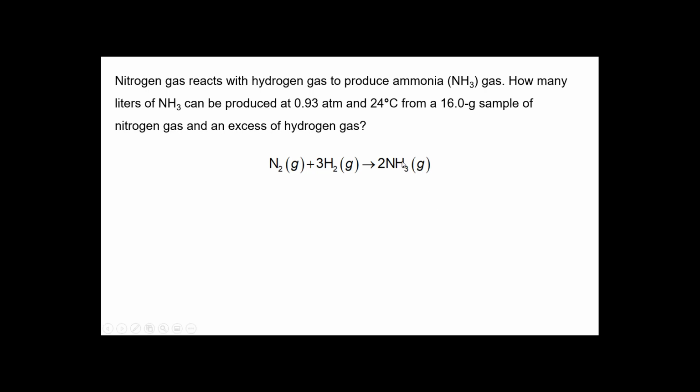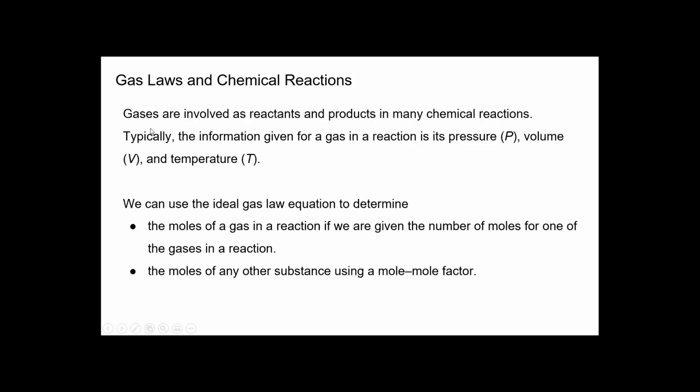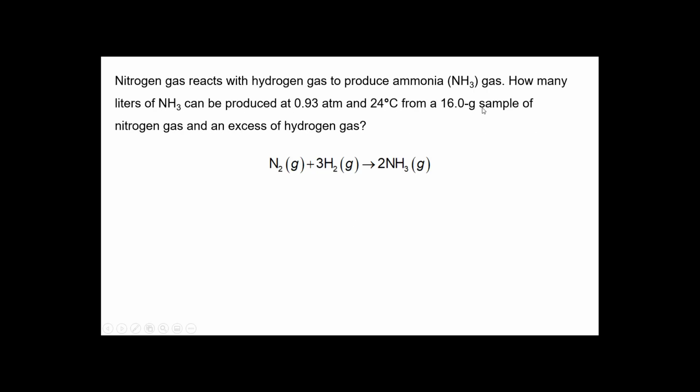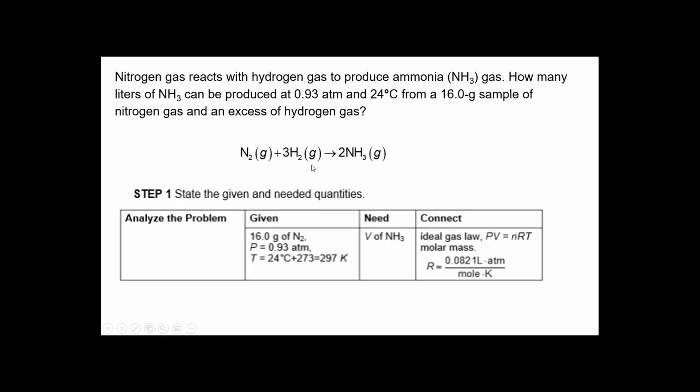We only have information about nitrogen. And then we're given pressure and temperature that must be converted, and we're given the mass of nitrogen gas. So we take the mass, use molar mass to get to moles, then do a ratio to determine the moles of ammonia, and then we can plug it into the ideal gas law. And that's what we're going to do.